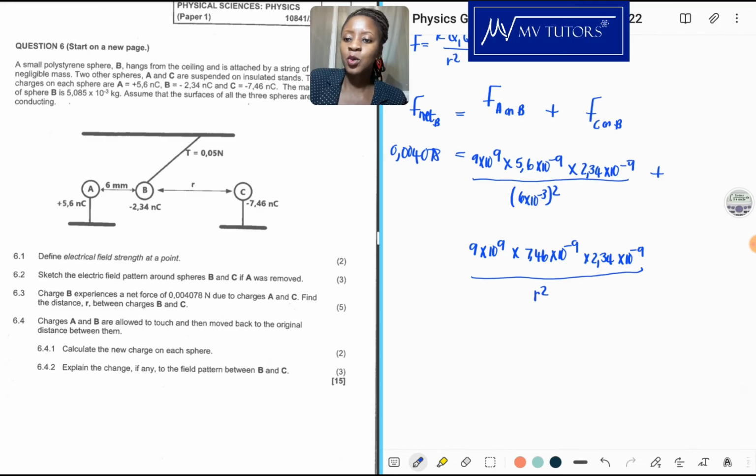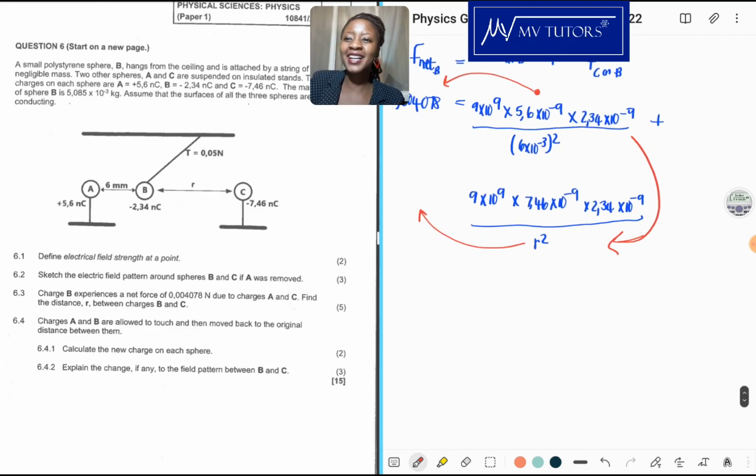We can take this whole term to the other side. Then we are left with R squared. Then we can take R squared to the other side and bring that whole term underneath here.